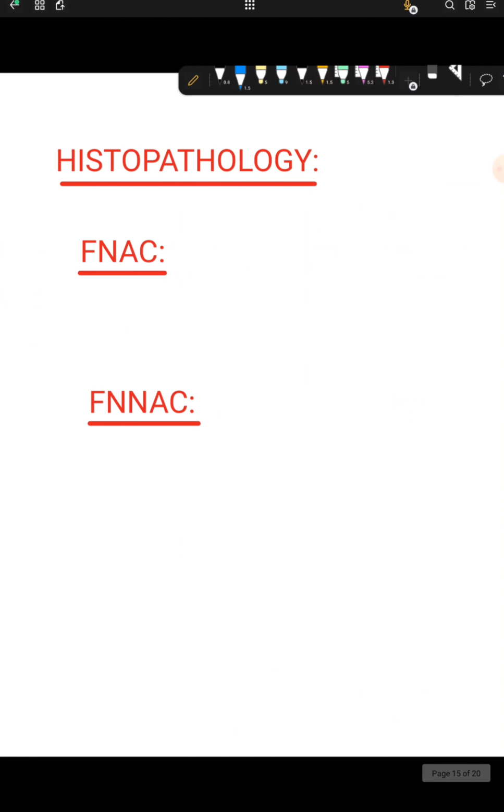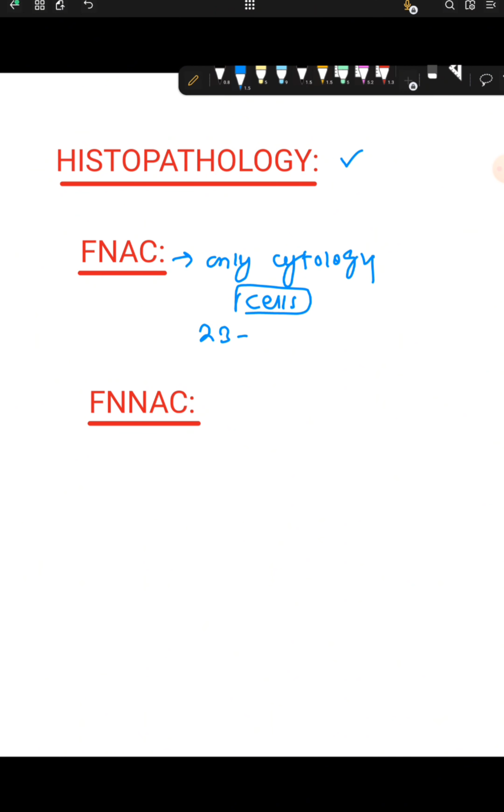So the next one is the histopathology. It is the most important topic, of course, like the clinical assessments. FNAC is only cytology. Why do I write this? Because it is fine needle aspiration cytology. So in this case we only get cells, not tissues, and we use a 23 to 30 gauge needle.